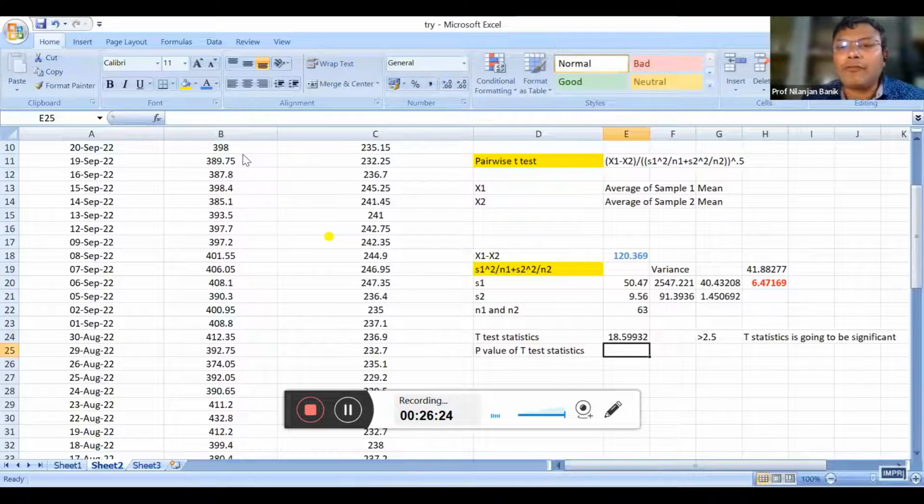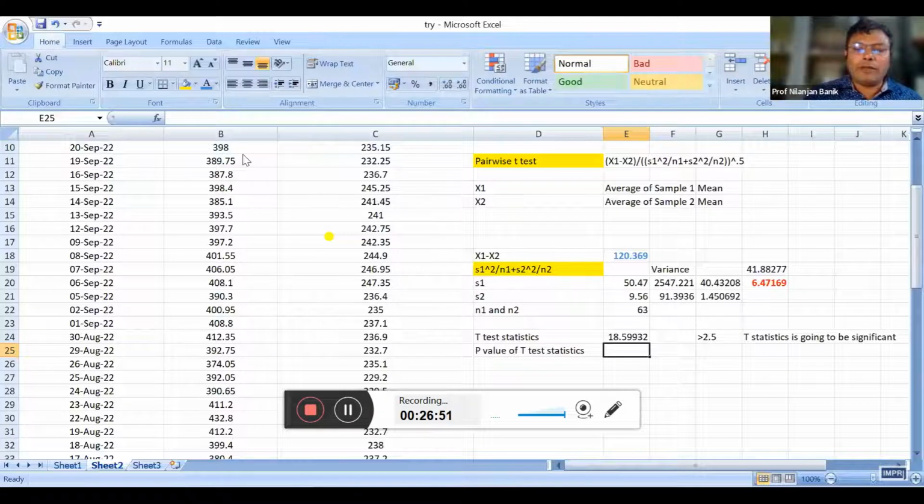Now the p-value of t-statistics: remember that in any statistics book, at the end you will have the degrees of freedom and the critical region, and so on. Forget about the book. This is the new age. It's very easy to find out whether this is statistically significant or not.